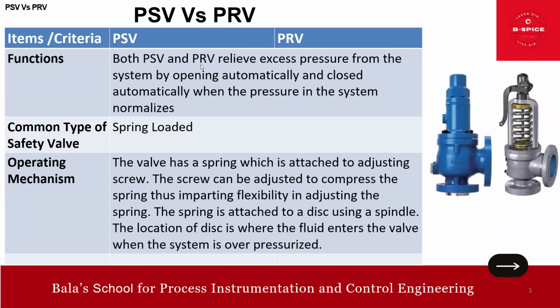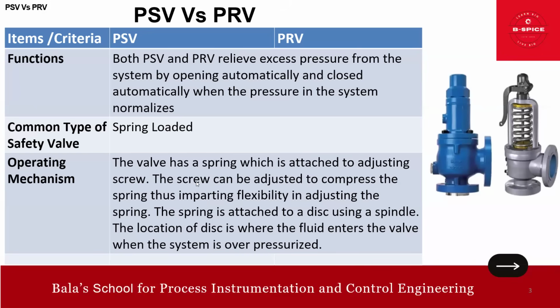Very simple, right? The common type of safety valve is basically spring loaded. Of course, we are going to talk about this in detail in subsequent videos, but we limit our discussion to the comparison between PSV and PRV in this session.